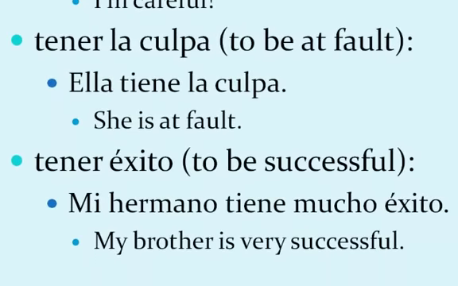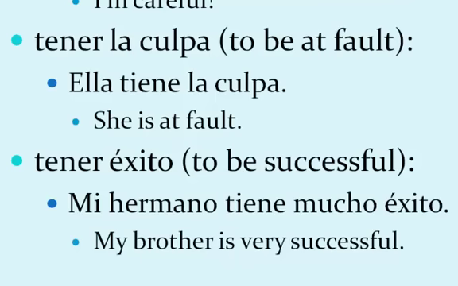Tener éxito, to be successful. In English, you don't say to have successful. You can say to have success, but in Spanish you will say tener éxito. Mi hermana tiene mucho éxito. O mi hermano tiene mucho éxito. My brother is very successful. You can say I'm very successful. Yo tengo mucho éxito.